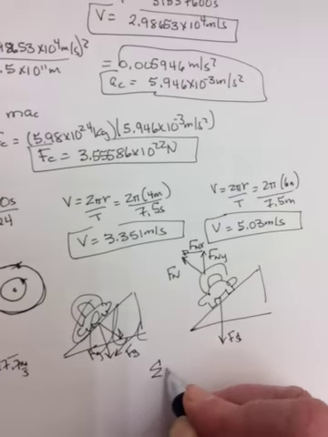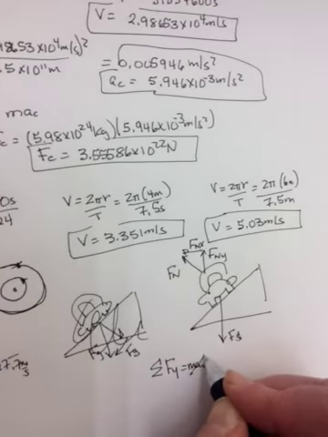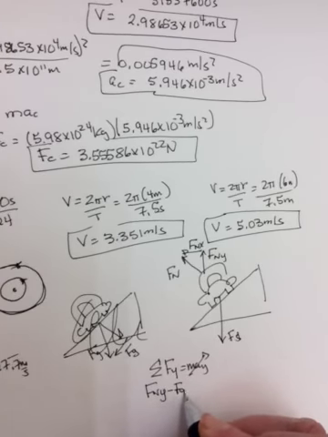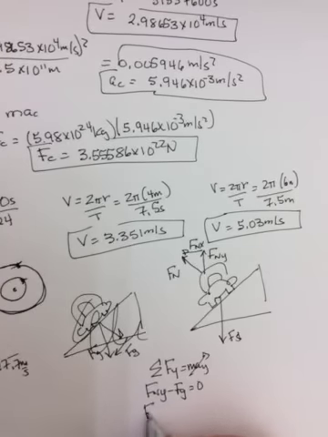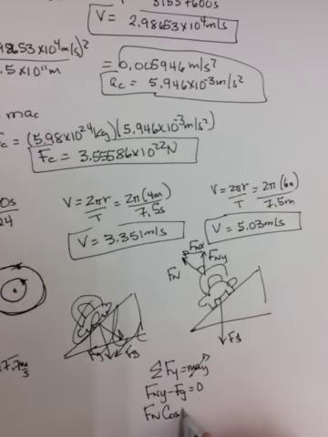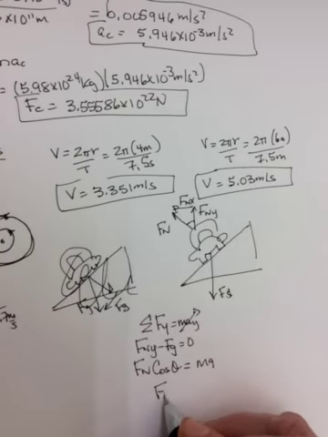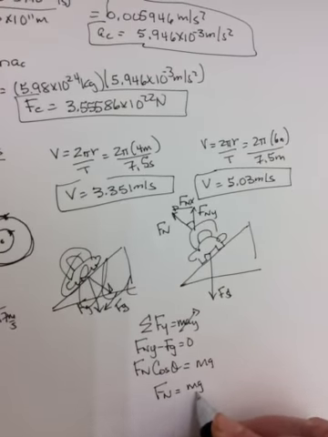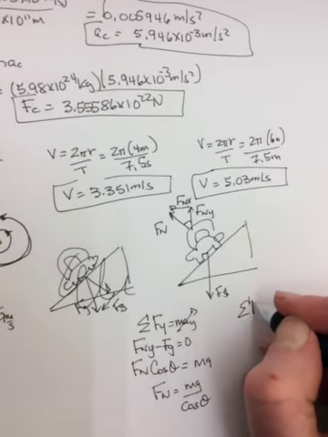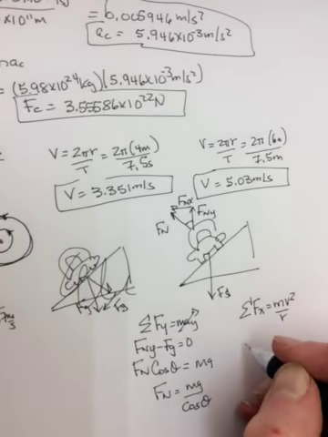Okay, so you do sum of the forces in the y direction equal to m a_y, and that'll be 0. So it'll be F_NY minus F_g equals 0. So F_NY is really F_N cosine theta is equal to mg. So F_N is equal to mg over cos theta. Then you go to sum of the forces in the x direction, which is equal to mv squared over r.